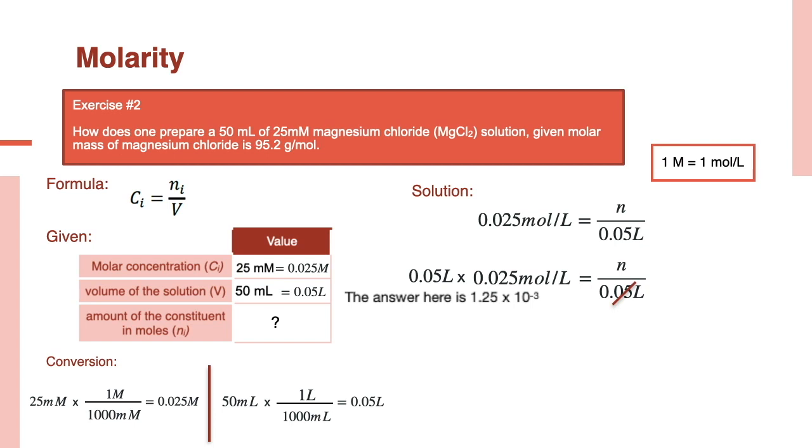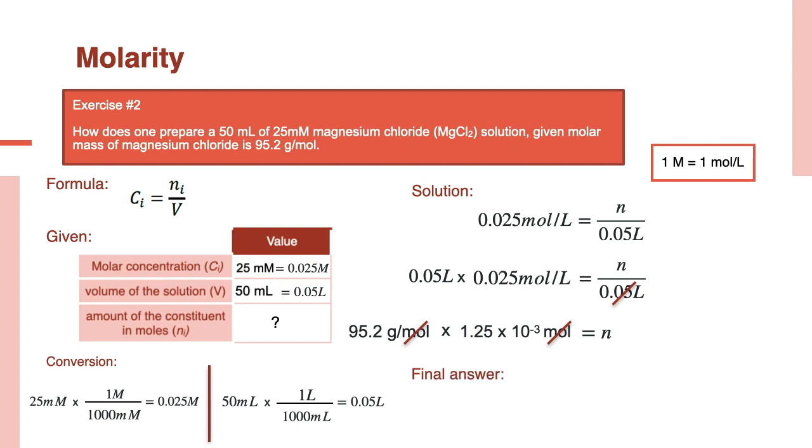I cancelled out 0.05 liter because I multiplied it on both sides. Then 95.2 gram per mole multiplied by 1.25 times 10 to the negative 3 mole. Let's cancel out the mole unit and the final answer will be 0.119 grams. Therefore, 0.119 grams is dissolved in a final volume of 50 milliliters of magnesium chloride.